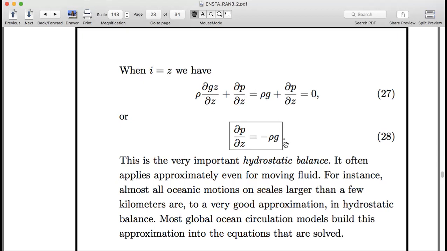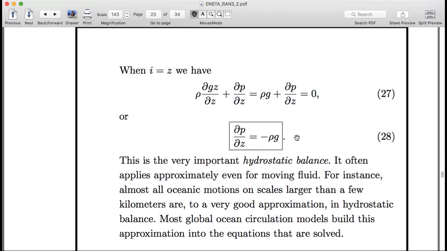So if we went 10 meters below the surface, we'd have 10 times 10,000, which is 100,000 newtons per meter squared over that 10 meters depth. And 100,000 newtons per meter squared is 100 kilopascals, which is close to the atmospheric pressure.